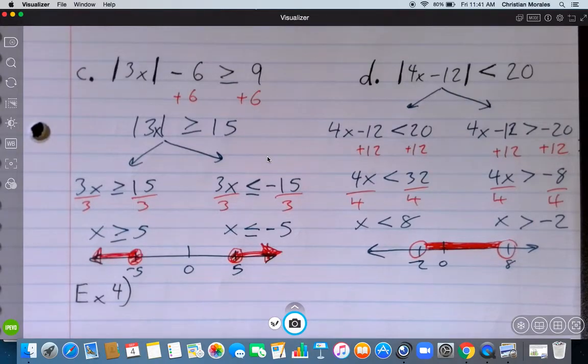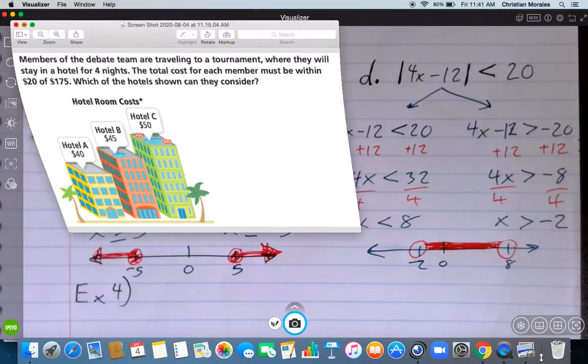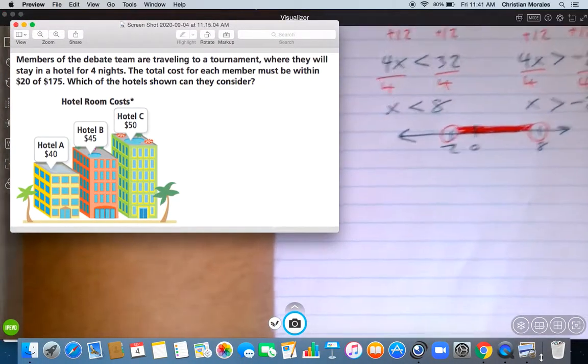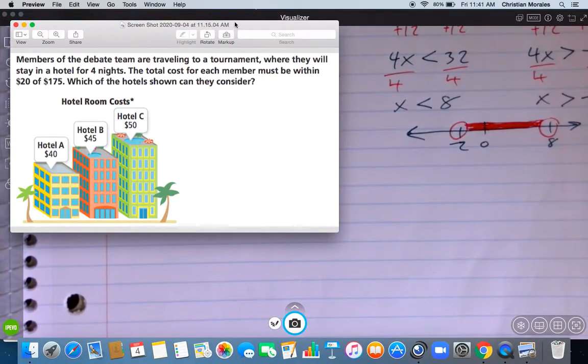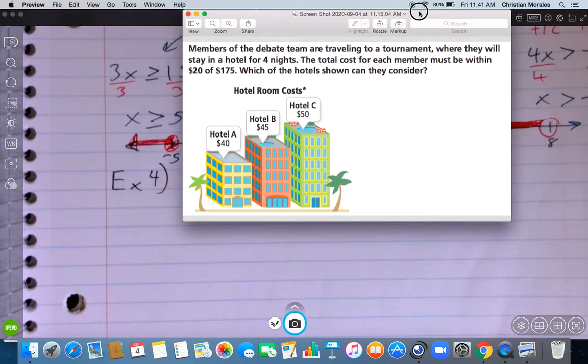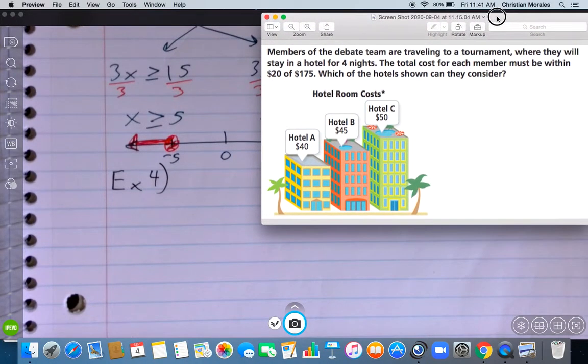All right, last question is a word problem. So let me move this up here just so I have some more space to write. Members of a debate team are traveling to a tournament where they will stay in a hotel for 4 nights. The cost of each member must be within $20 of $175. Which of the hotels shown can they consider? So guys, again, they use absolute values for this.